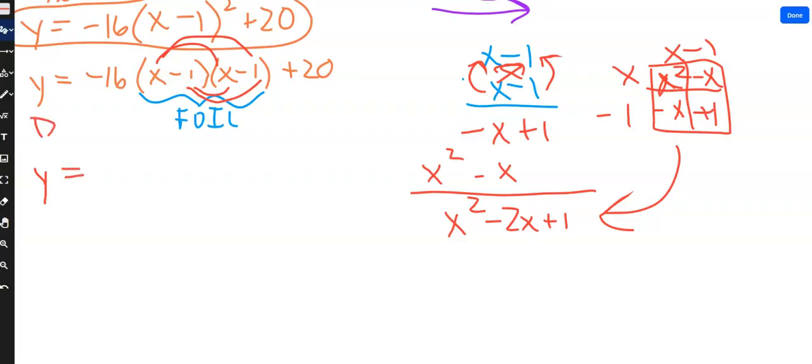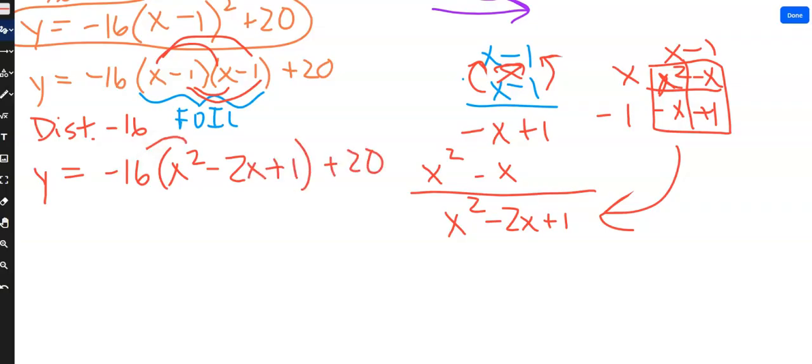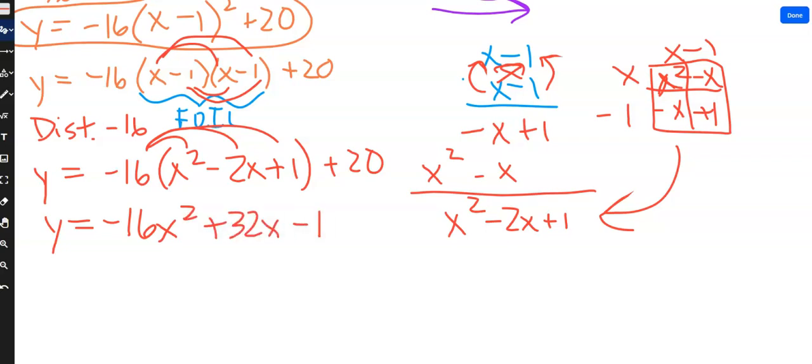Next on our list is the distributive property. We want to distribute the negative 16, right? That negative 16 is now going to get distributed to everything in the parentheses, giving me negative 16x squared plus 32x minus 16.